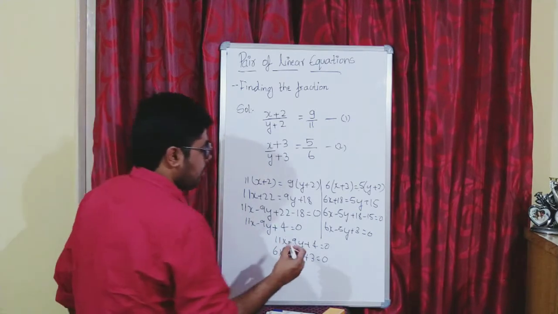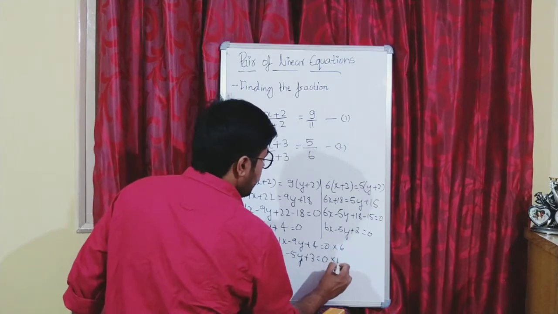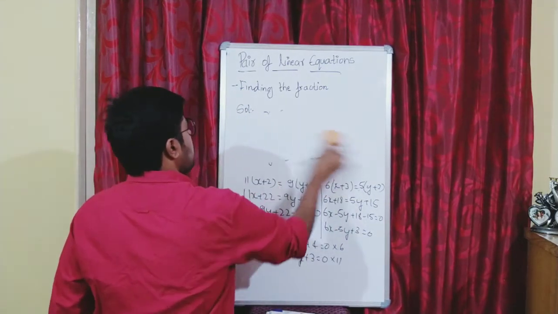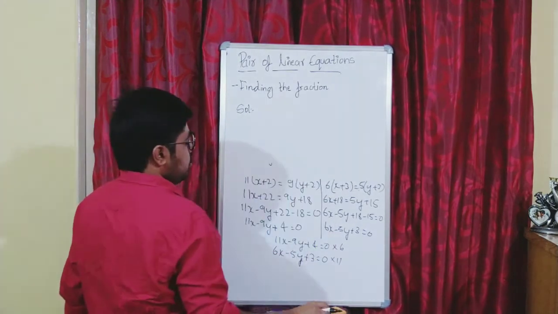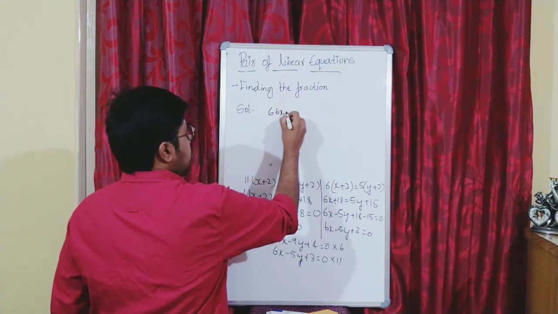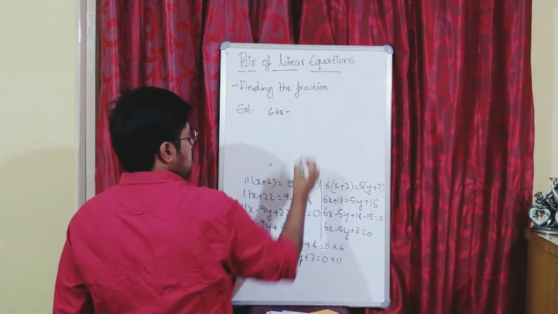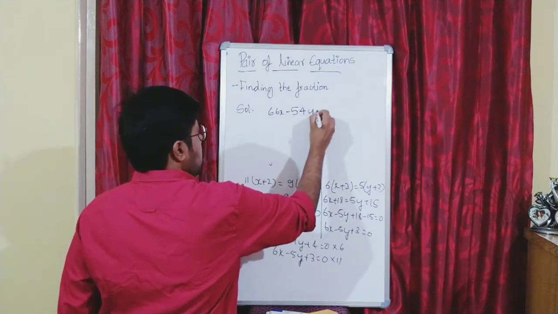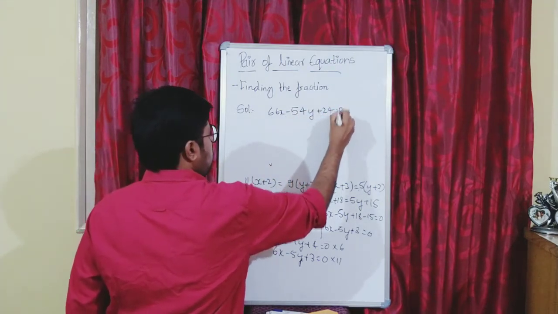Therefore, quickly cross multiply by 6 here and 11 here. I will quickly erase this, students, so that I can continue the problem above here. You can see when I multiply, 66x minus 54y plus 24 equal to 0.